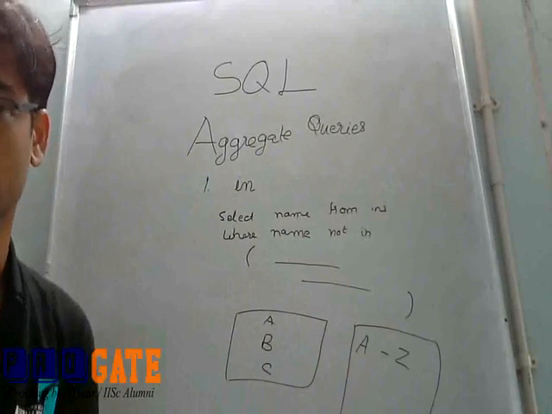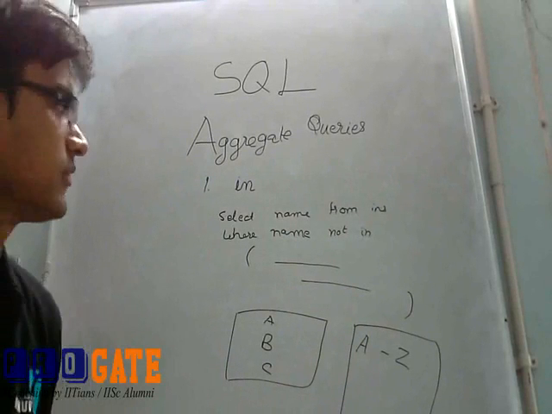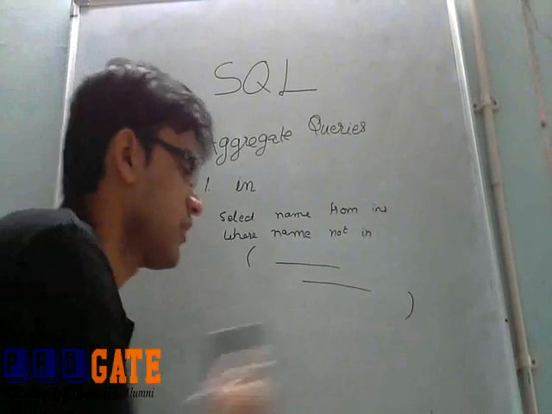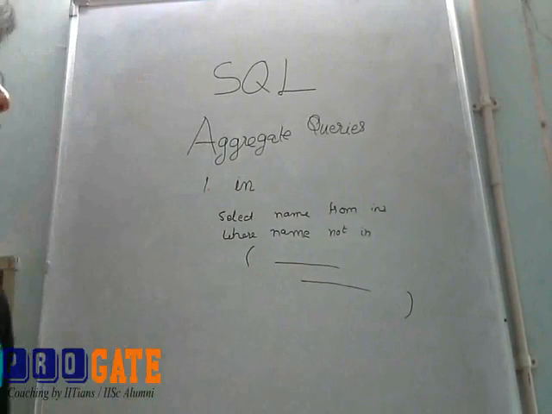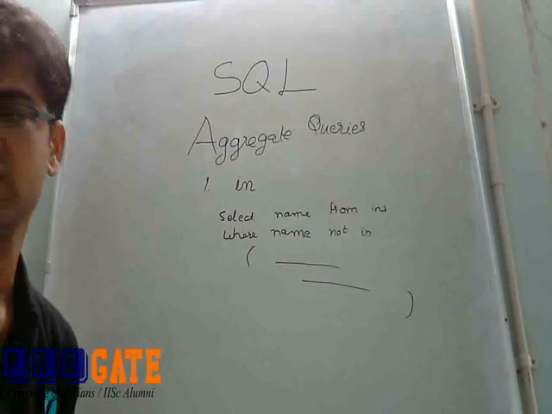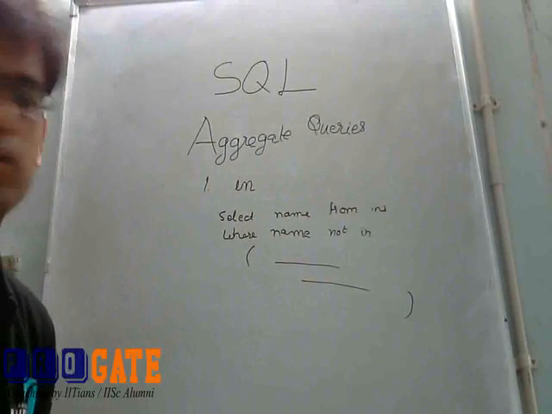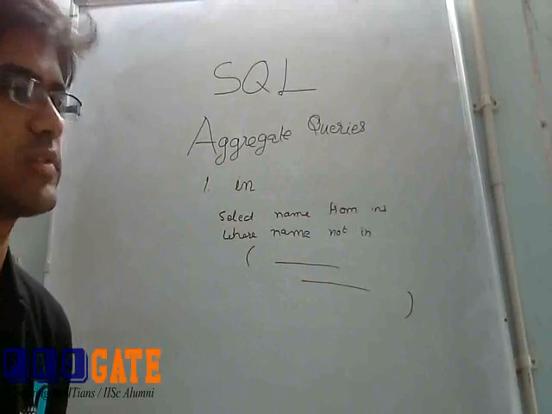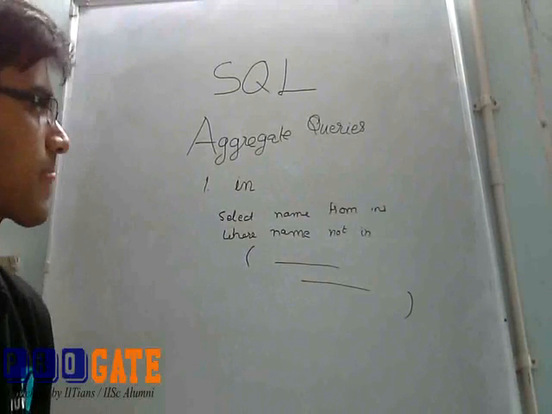Similarly, there is the exists clause. So let us say we want to check if there is any instructor who takes a course in the fall semester.